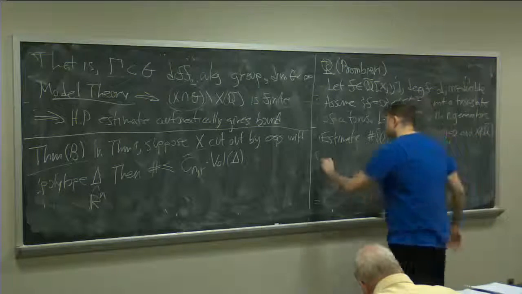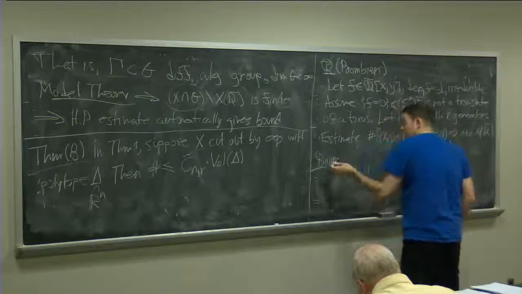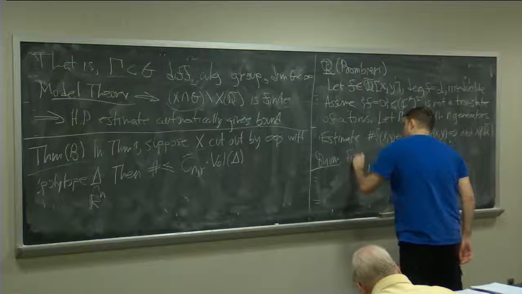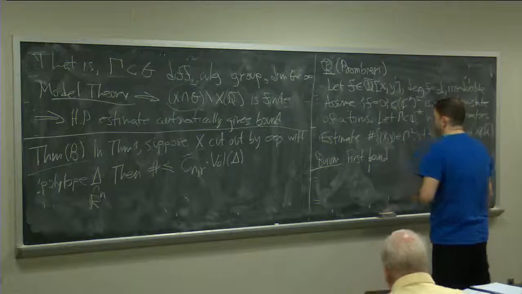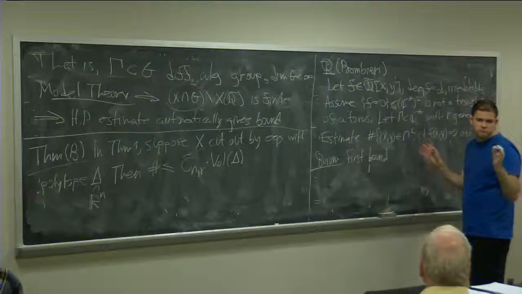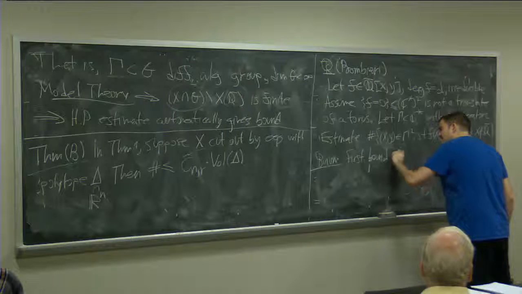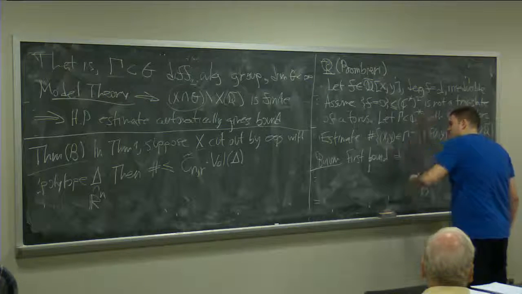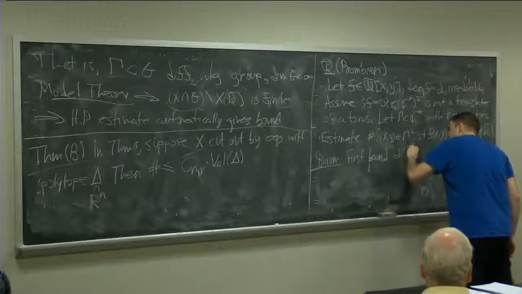And then Guillaume gave the first bound for this question. The bound was bad. It was something like d and then factorial to the d.